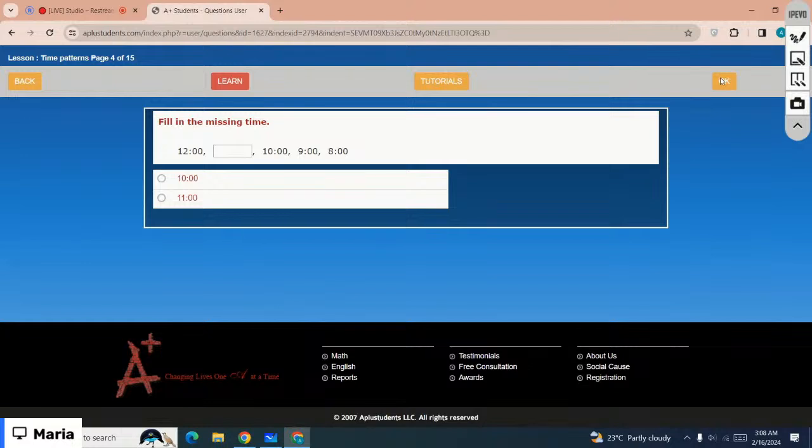Fill in the missing time. So which time is missing? Yes, the missing one is 11. It is right. Time is decreasing by 1 hour, so that would be 11.